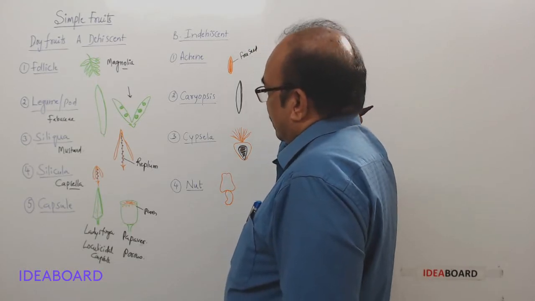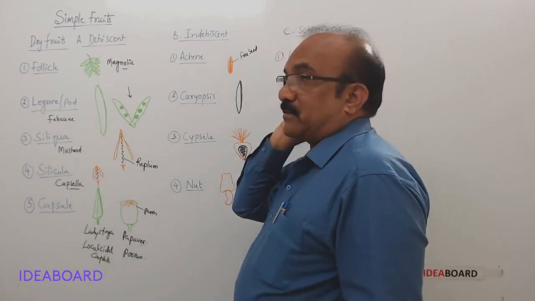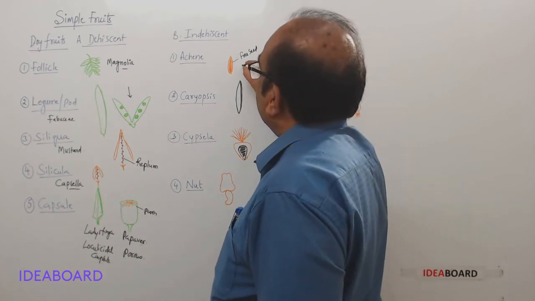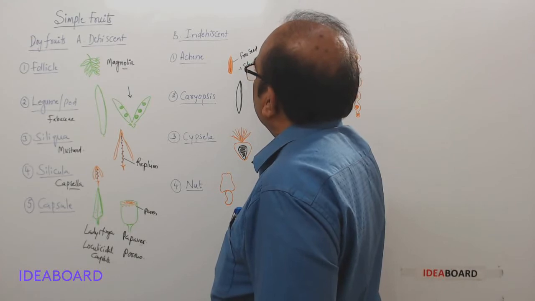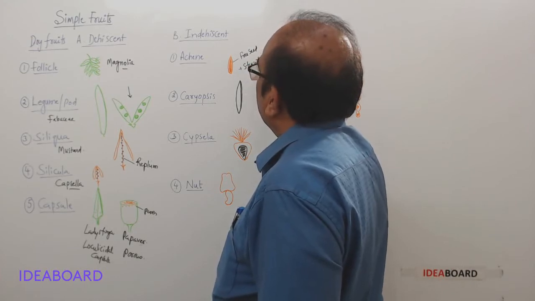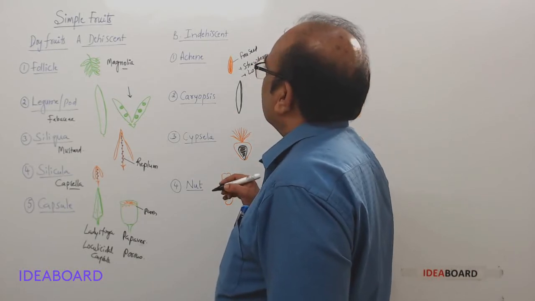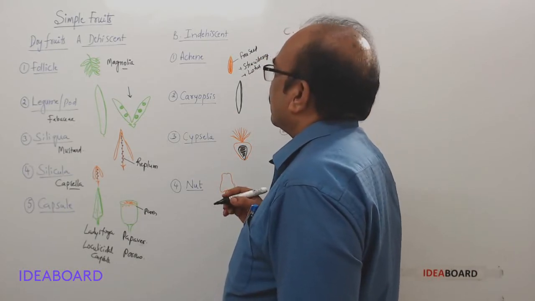And remember, all these indehiscent fruits are single seeded fruits. The example for this is strawberry, and also lotus. That is what achene.